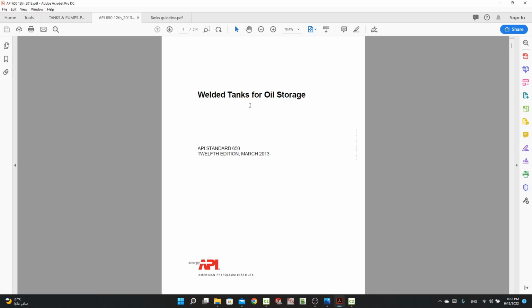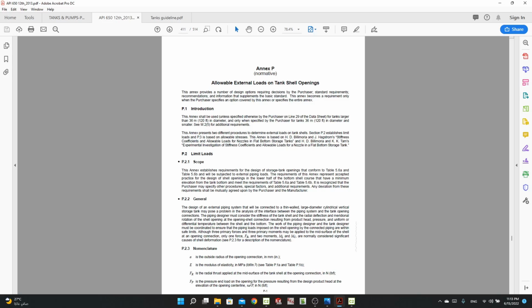I will show you today how to make the calculation for the radial expansion of the shell and the bulging of the nozzle, which is the rotation of the nozzle, and how to calculate the allowable based on API 650, Annex B. Let's start.